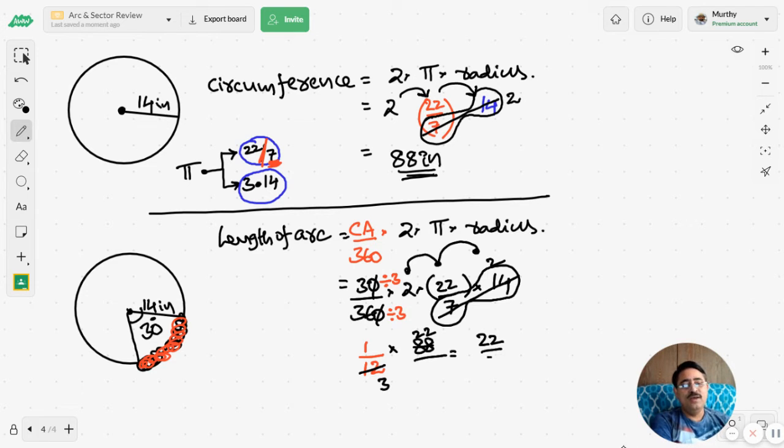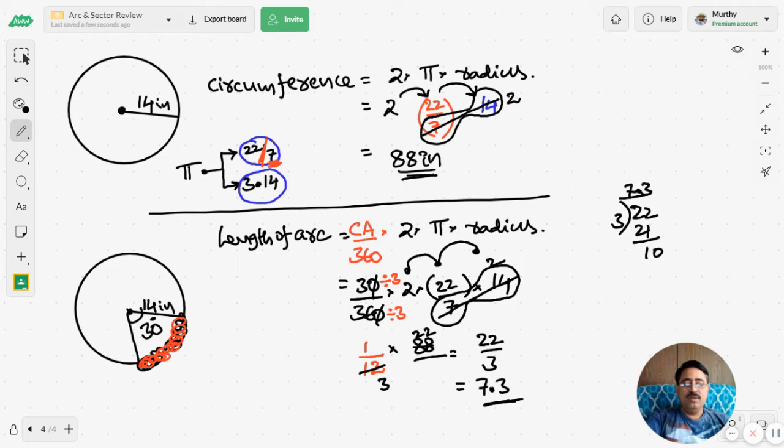You'll end up with 22 over 3, or 7 point something. Let me divide quickly. 3 sevens are 21. 1, 0. So it's 7.333 and so on. You are done. As simple as that.